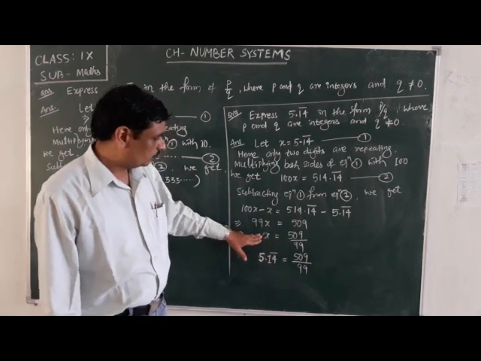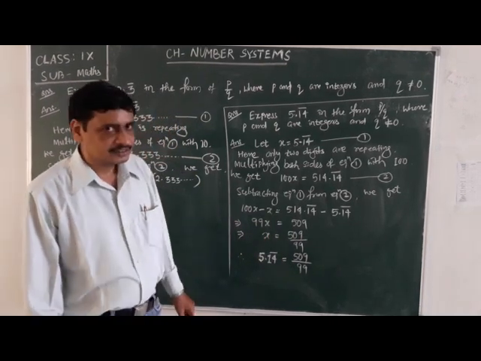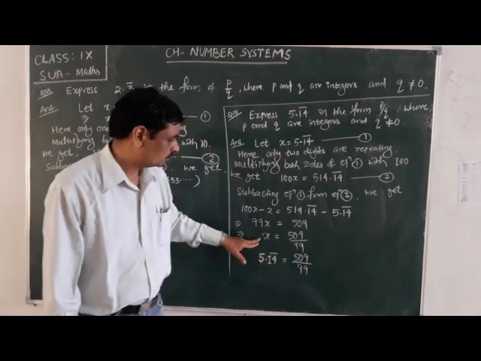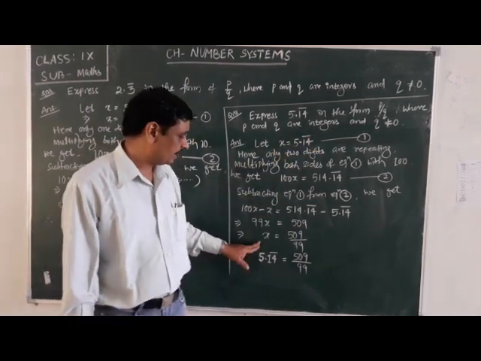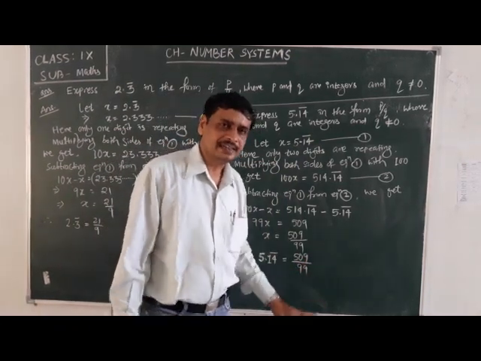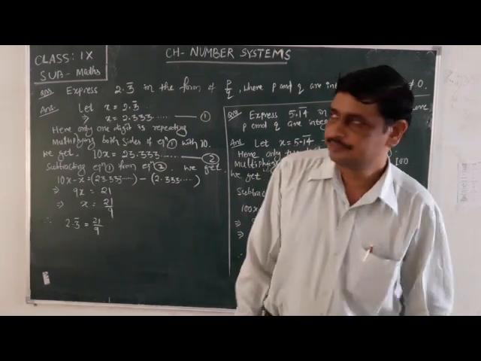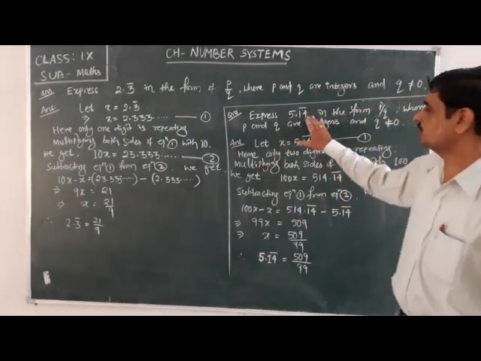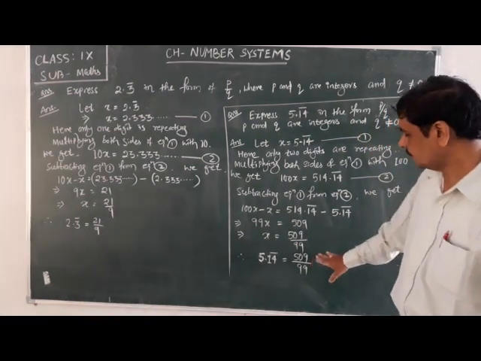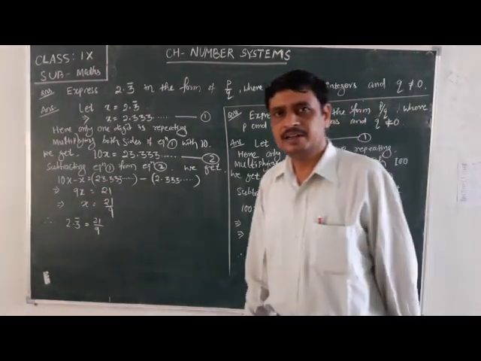Now look at the value of x. It is considered as 5.14 bar. So substituting this value, 5.14 bar equals 509 by 99. Now we have got this number 5.14 bar in the form of p by q, which is equal to 509 by 99.